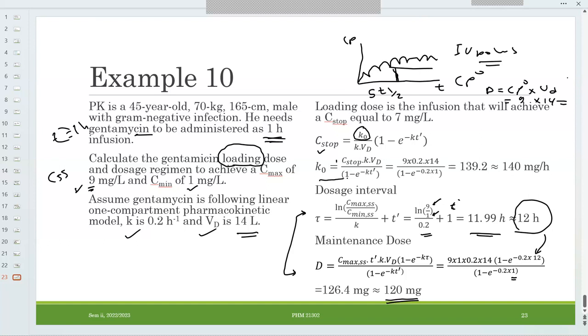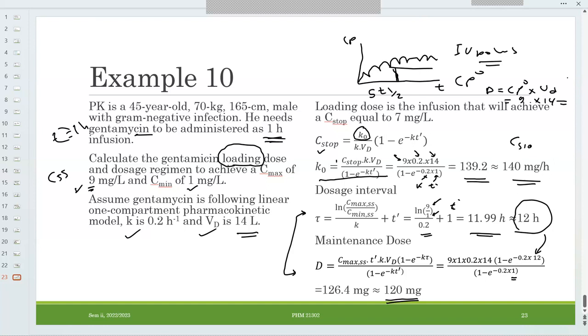This is the form of the equation after rearrangement. We substitute: our target C stop is 9, this is the K value, volume of distribution, they are constants, and the T prime. Then it turns out 139, so it's almost 140 milligram per hour. So the first infusion to be given is 140 milligram per hour.